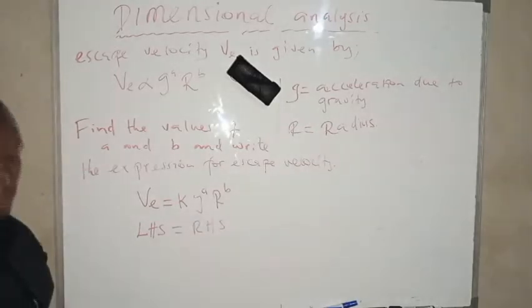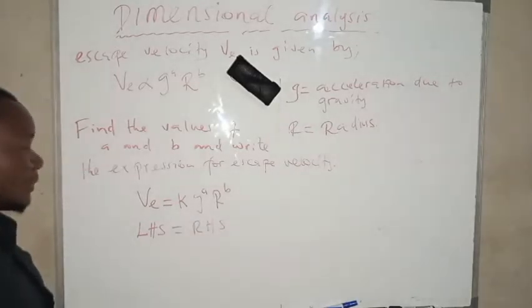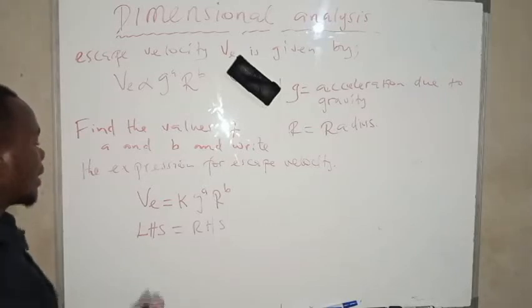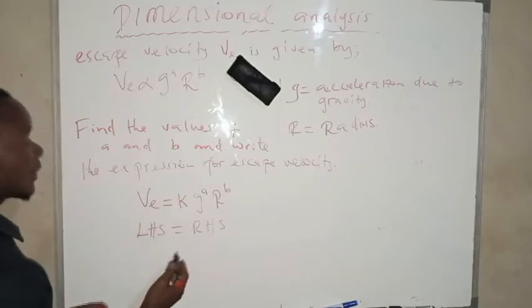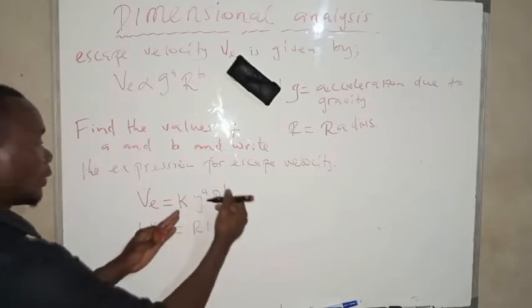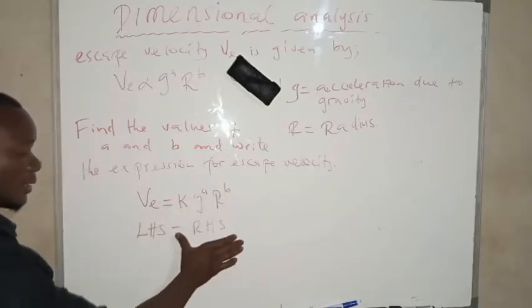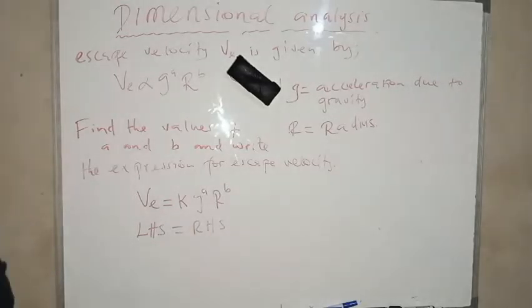This simply means, in terms of dimensions, the dimensions for escape velocity must be equal to the dimensions on the right hand side.